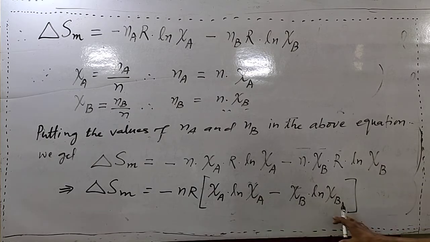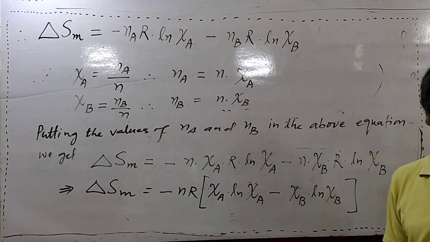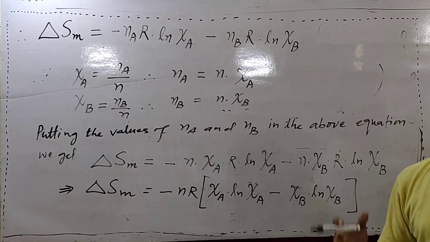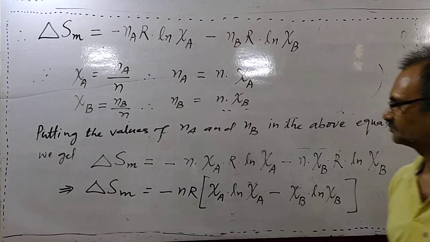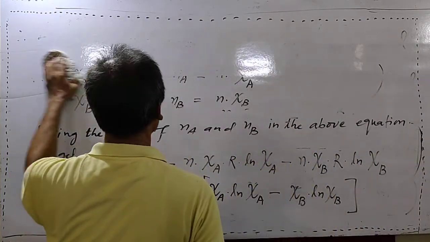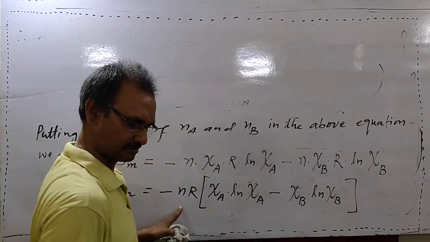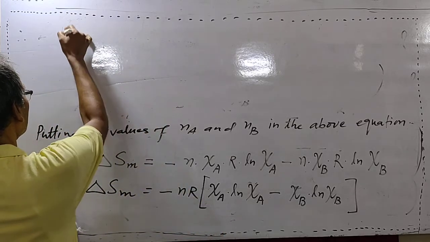For two gases. If several gases are mixed, suppose a mixture containing I components, this equation may be written as follows.